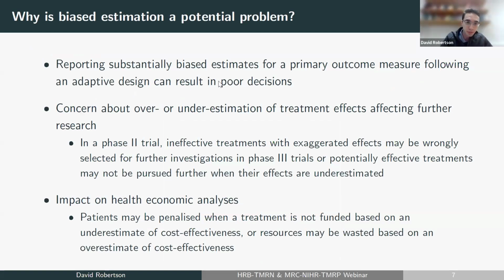So just thinking a bit practically for a second. Why is this a potential problem? I mean, it's clearly raised as an issue by regulators. Intuitively, if you do report a substantially biased estimate for a primary outcome measure, that can result in poor decisions. And I think there's particular concern about estimation affecting further research.